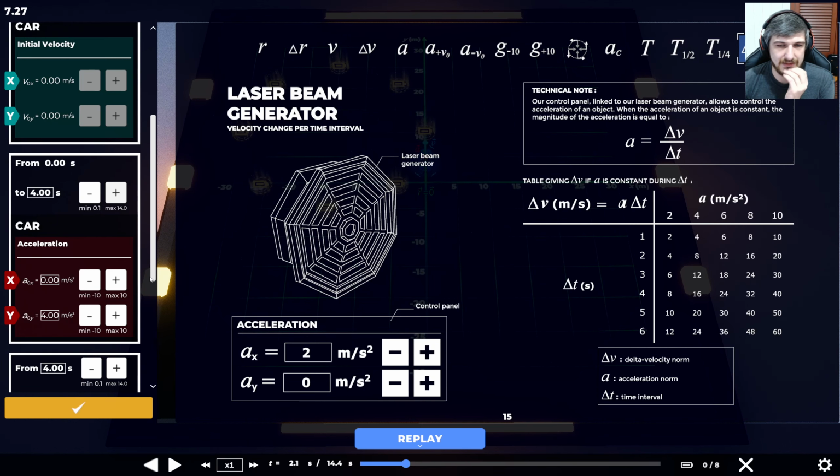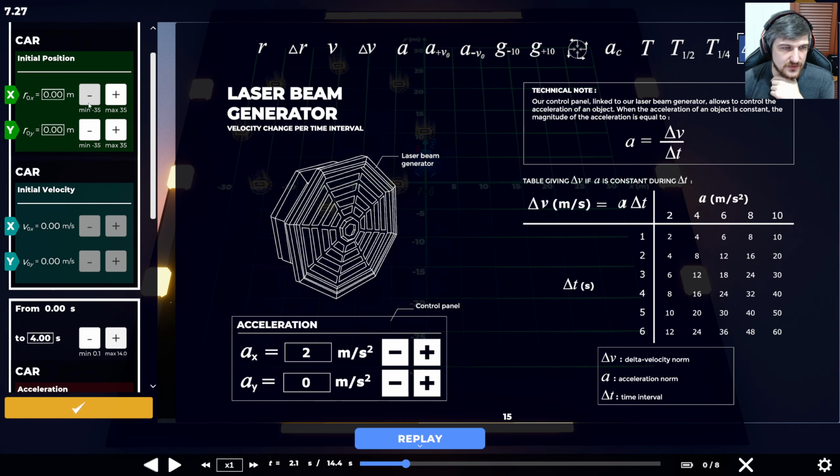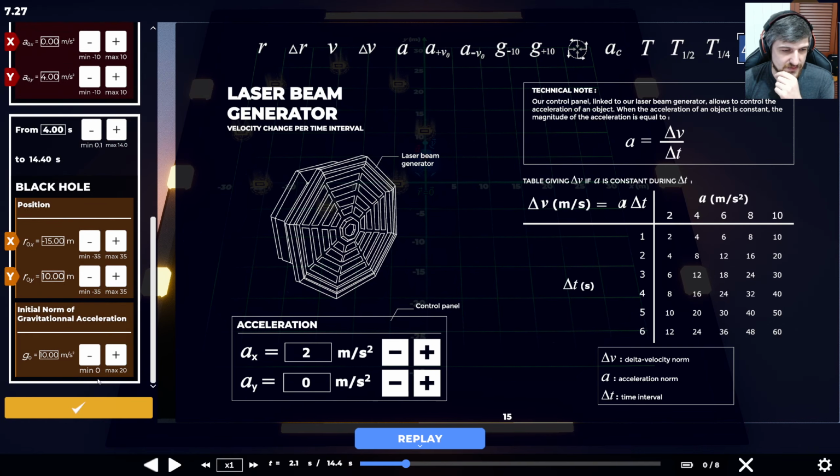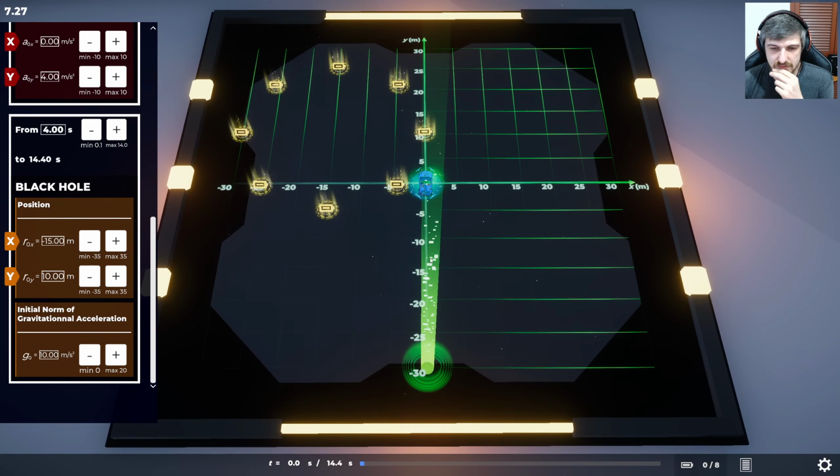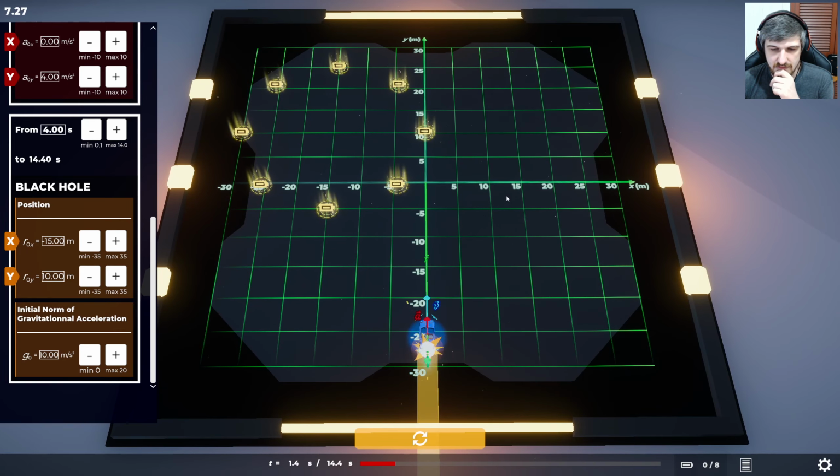The first second you go 4 meters. The second you go 8 meters. So you have to add all of these up. Is that not correct? 20, 40. So we need to be at like minus 30 when we hit there. And then at 4 seconds, the black hole can do what it needs to do. Is that correct?